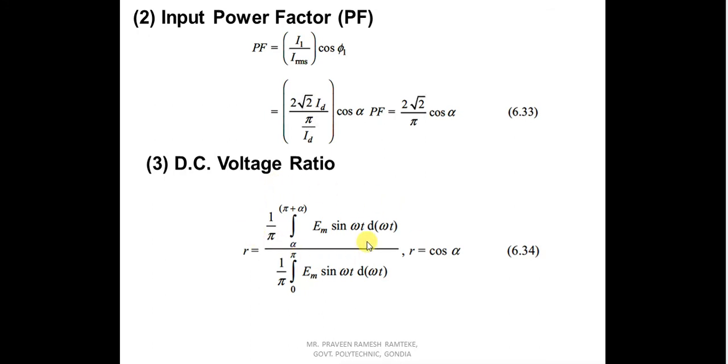So these equations we have previously derived from the fully controlled bridge rectifier using the RL load. Those equations we have taken here. The input current distortion factor is given by 2 root 2 by pi.